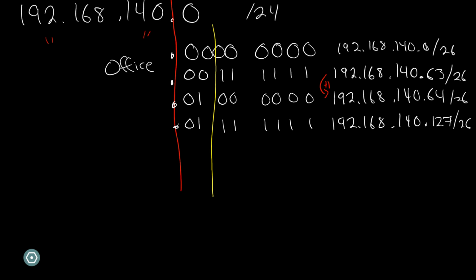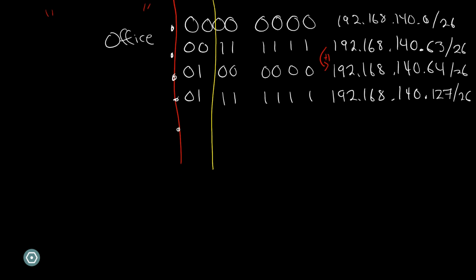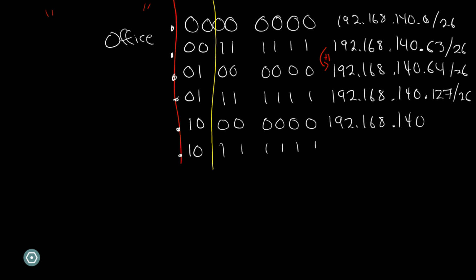So again, we've split the network in half, and the first approximately 128 addresses have gone to these 2 quarters. Now, what we would normally do is continue to split this network, which we can absolutely do. If we were to go through and split it, we could do 1010000000 for the host, 111111 for the broadcast, for the network and the broadcast. So we get 192.168.140.128.